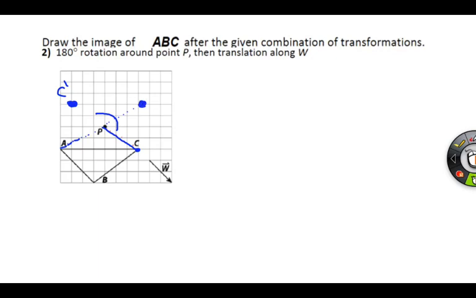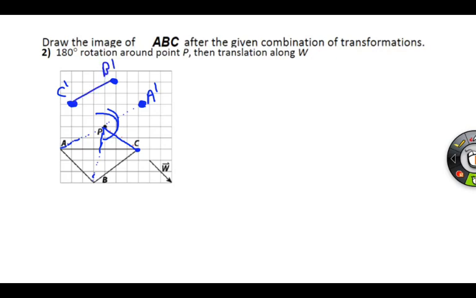This will be better when we actually have coordinates, so the one on your syllabus will have coordinates. Next, B. It would have to be 180 degrees, so B prime would be up here, about here.